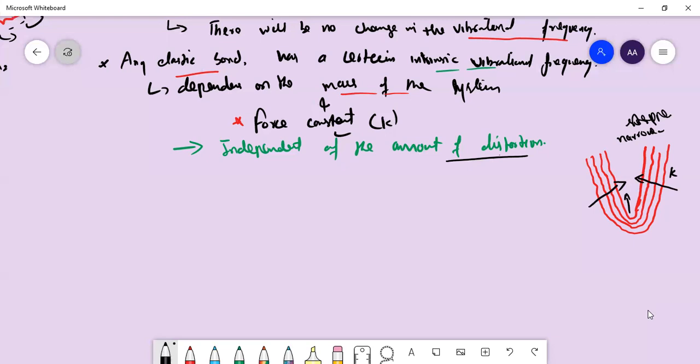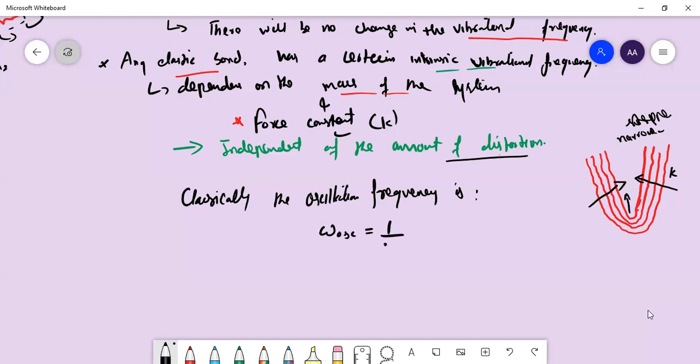Now, classically, the oscillation frequency is given as omega oscillation is equal to 1/2 pi under root K upon mu.